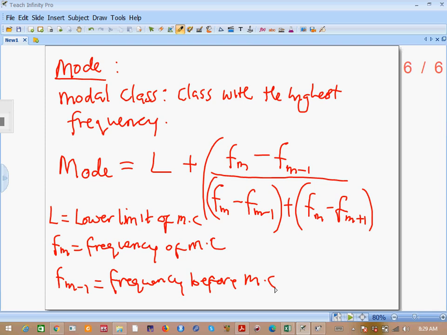Oh, actually the formula, we need to multiply that with the width. Then Fm plus 1 is just the frequency after the modal class. Okay, W is the class width.